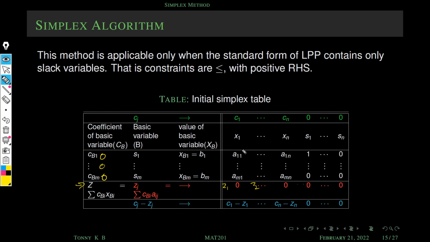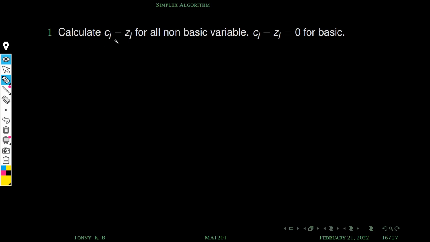Okay, once we calculate these Zj's, then next we have to evaluate Cj minus Zj. What is Cj? Cj's are the costs from the objective function. Then this minus Z1. In this case C1 minus 0, like that. Okay, C2 minus Z2, like that. So similarly, you can evaluate all Cj minus Zj corresponding to every column. Okay. And this Cj minus Zj has some property.